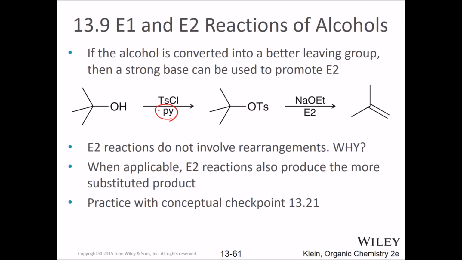Okay, but if we make a good leaving group, and this is in base. You see that? There's my base. If this is in base, make a good leaving group, and then we have a really strong base, sodium ethoxide, which is that, right? There's a minus on here. And then sodium, of course, is just a spectator ion. It's someplace else.